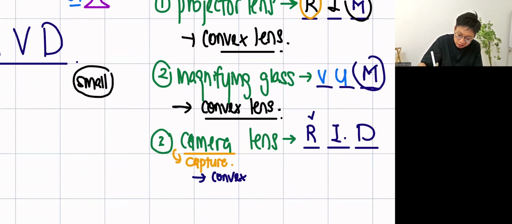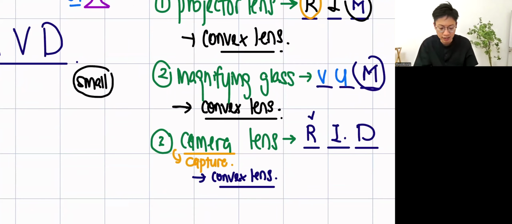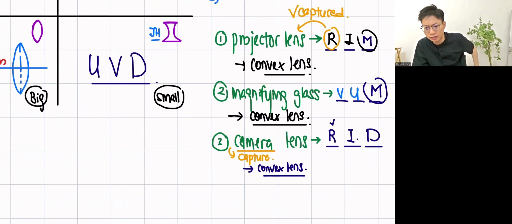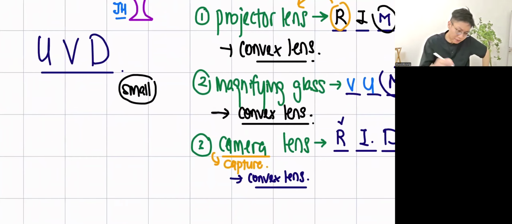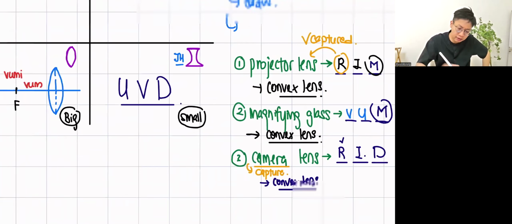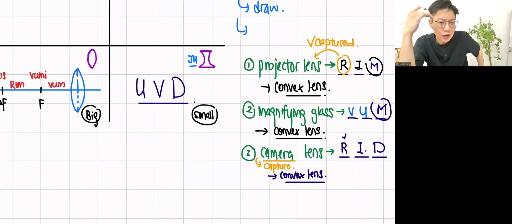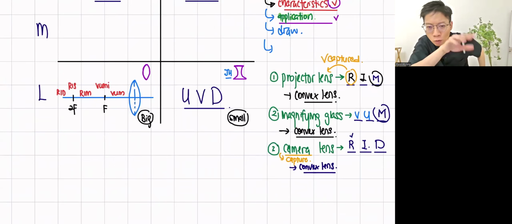Now, what I'm trying to convince you guys of is, actually, I'm not trying to tell you that you have to memorize everything. What I'm trying to convince you is, most of the things that you use are convex lens.